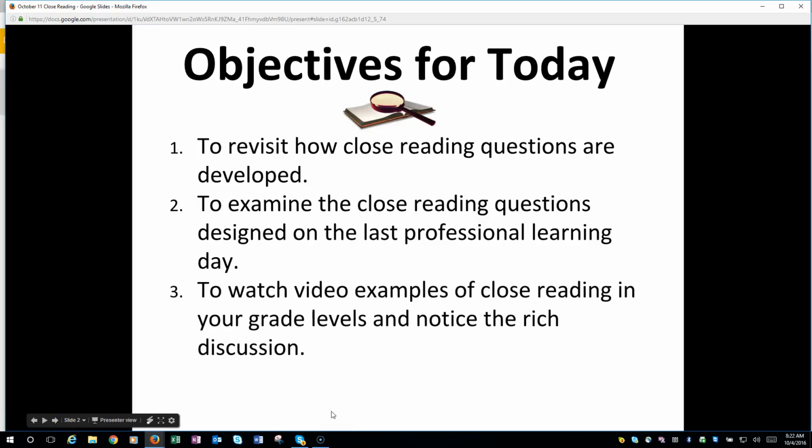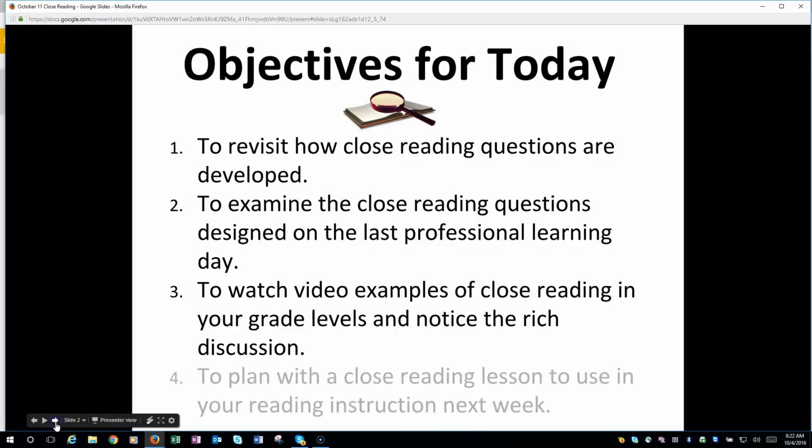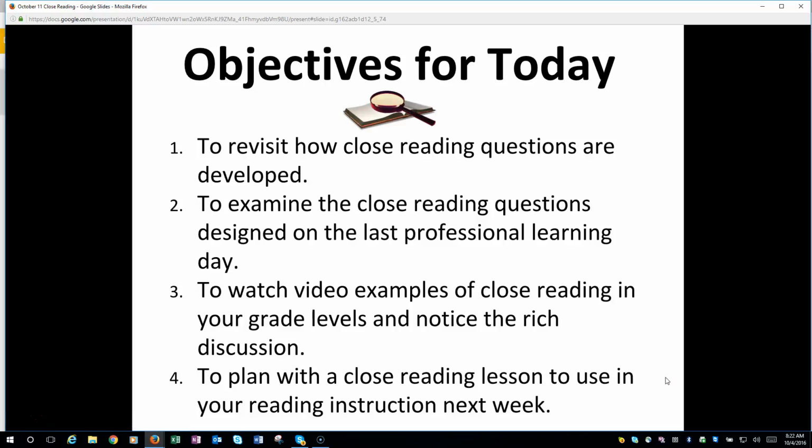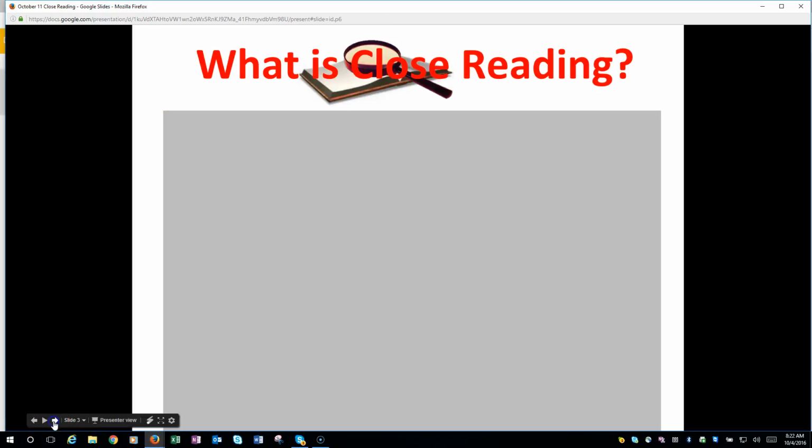Then the third thing I want you to do is to watch the video examples of close reading and, like I said before, to notice the rich discussion and the higher order thinking that is going on within the classroom. And then last, I want you to plan a close reading lesson, taking one that was designed during the professional learning days. You don't have to do a new one, and use it in your classroom in the next couple of weeks.